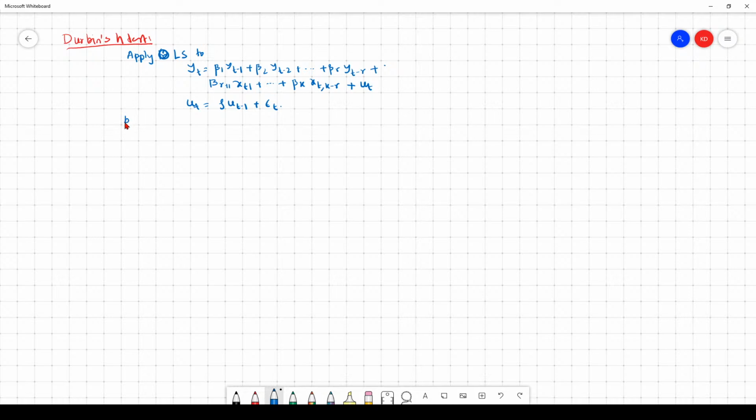Let v1 be the OLS of beta 1, where v1 hat is the estimator of var v1.